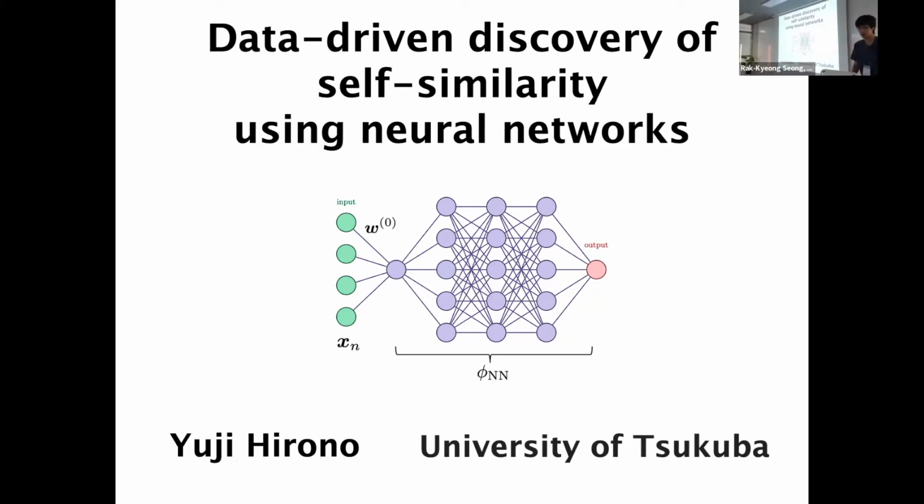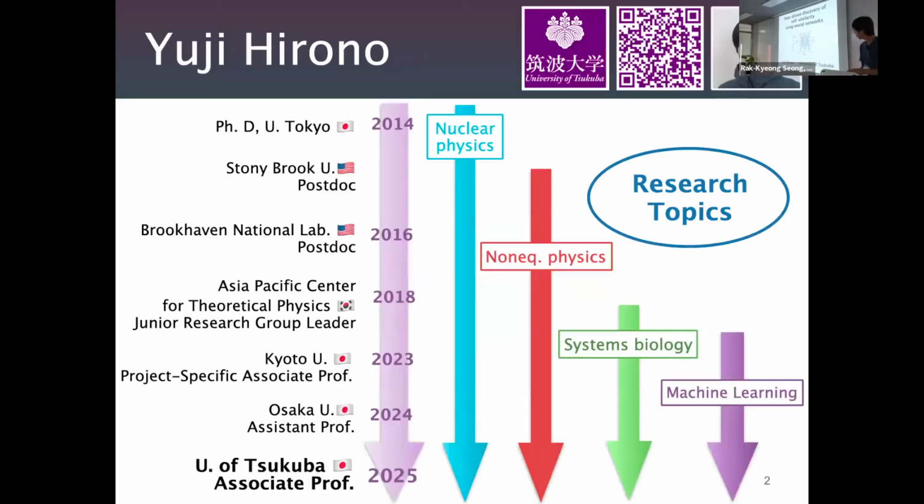Before starting, talking about this topic, let me briefly introduce who I am. I got my PhD in 2014 in Tokyo, and I spent about 4 years in the US.